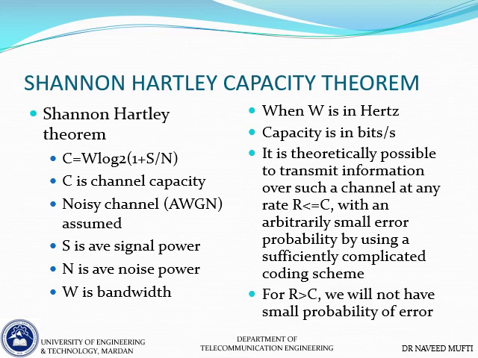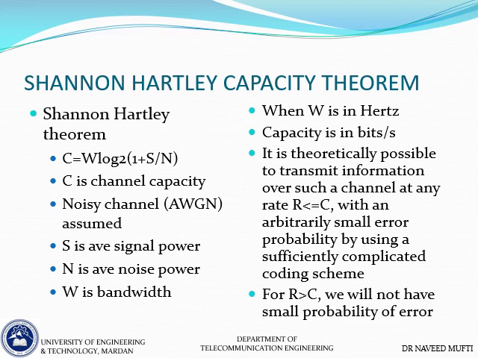If we try to exceed the information rate beyond C, beyond this limit, so that is the limit. If we try to increase R beyond C, then we will not have a small probability of error. So our probability of error increases as we try to increase the information rate beyond C. As long as we are less than or equal to C, we are able to achieve our communication with a small probability of error, provided we are using a channel coding scheme.